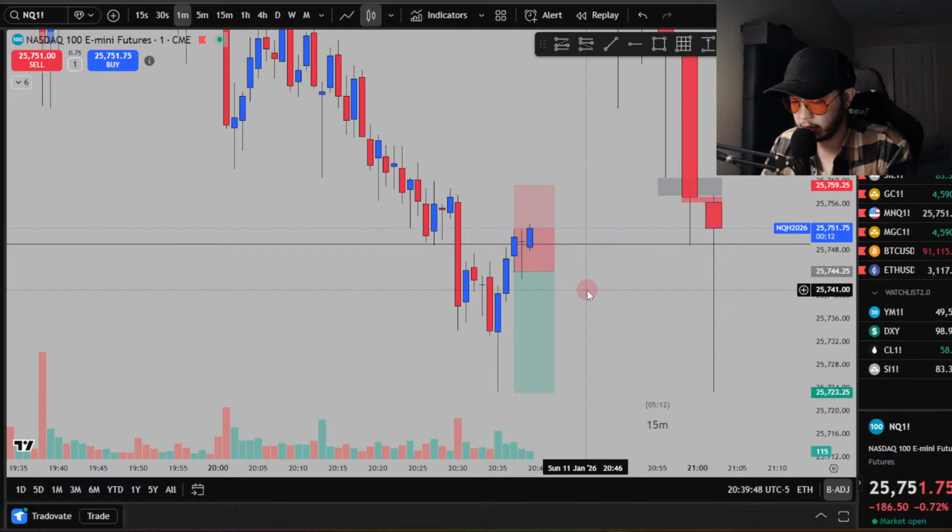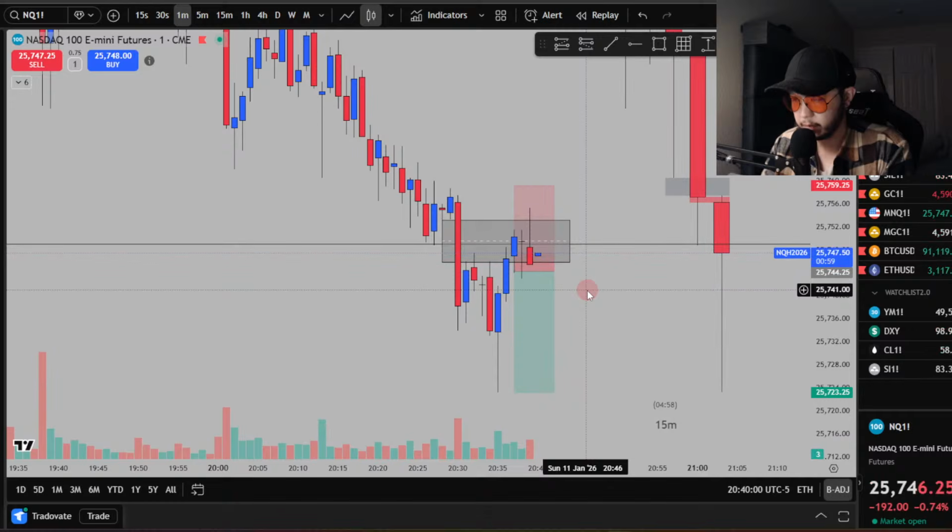If you are going to inverse this gap, I'm probably gonna close my order. So this is the trade right now I'm in.